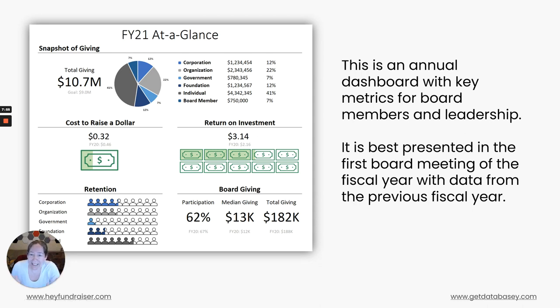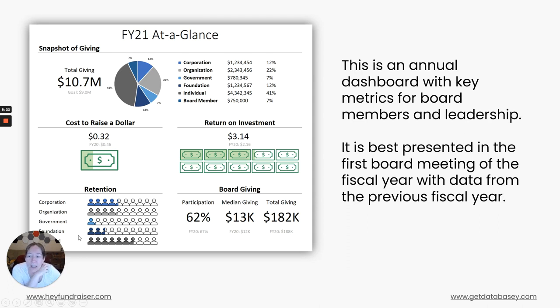I don't know why, but it just is. To say, when you give us $1, we bring you back $3.14. For some reason, that just lands, because frankly, if your board members, your leadership have like stock investments, it's a really good ROI. So you can see it's the same calculation, just the inverse of the denominator.